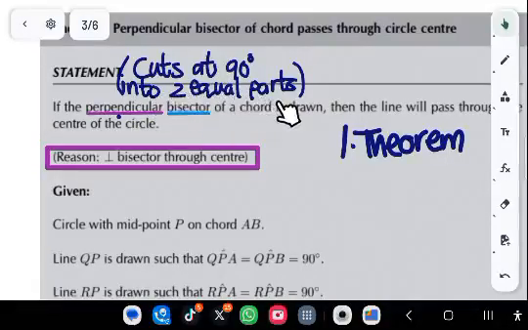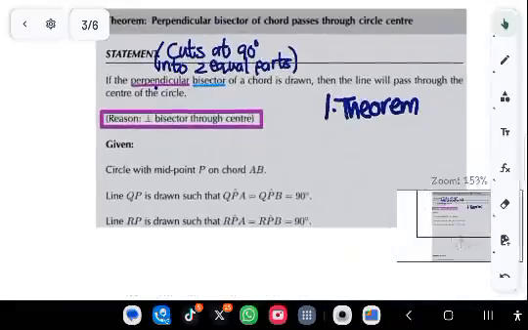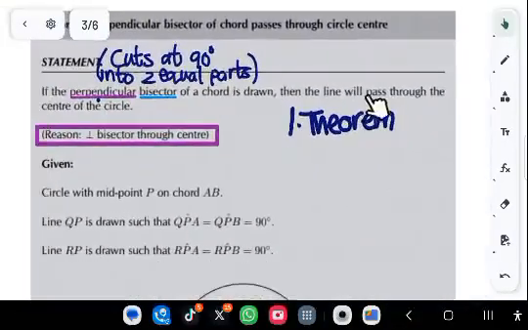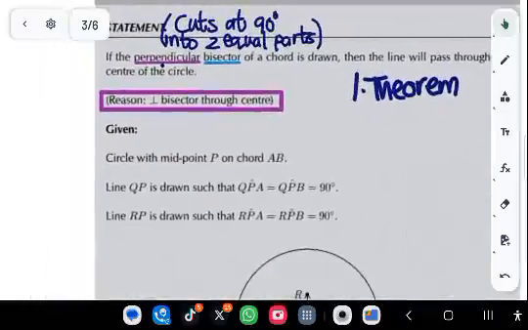Bisector means cut into two equal parts. So a perpendicular bisector is a line that cuts another line at 90 degrees into two equal parts. If the perpendicular bisector of a chord is drawn, then the line will pass through the center of the circle.